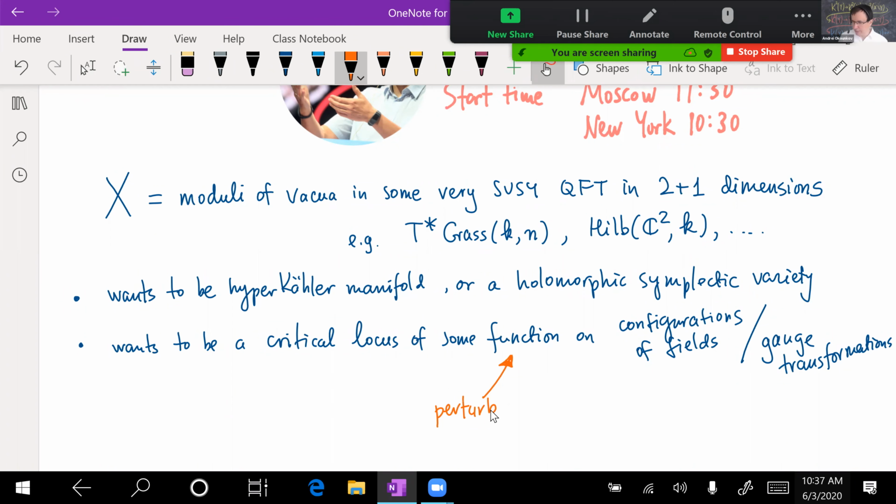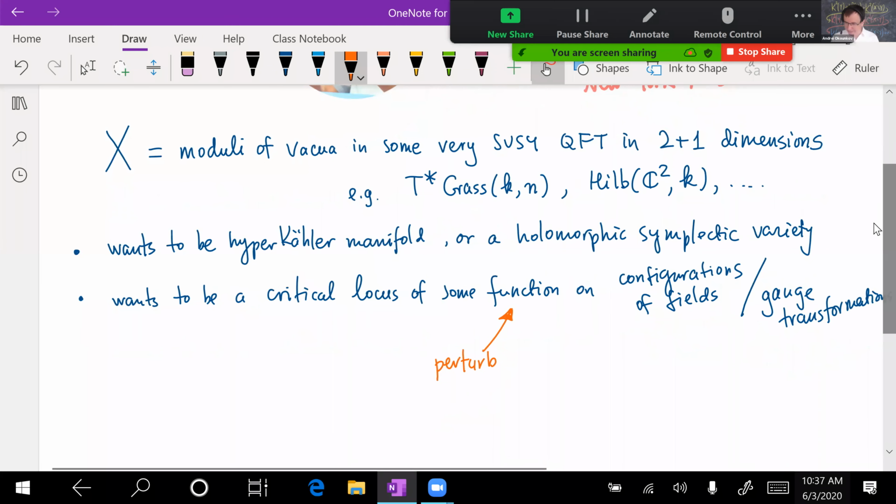Well, if you're on a hyperkähler manifold, then we'd like to add a quaternionic holomorphic function. Well, that's not a way to construct this non-trivially, with one exception. There's really one important exception, one important scenario.